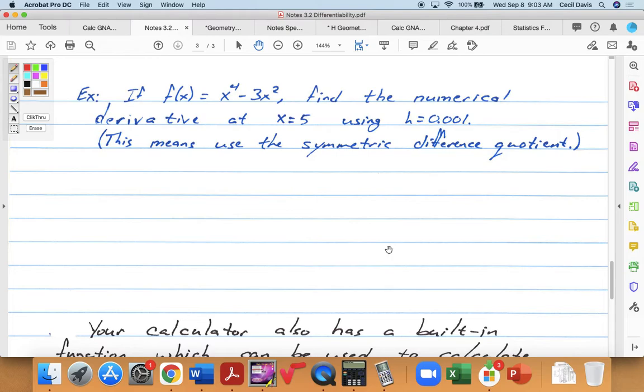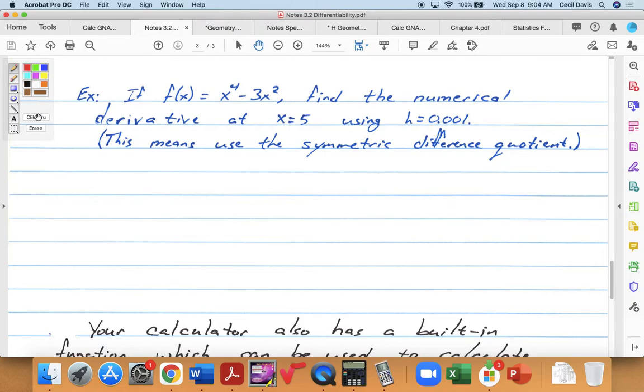All right. So if f of x is equal to x to the fourth minus 3x squared, find the numerical derivative at x equals 5 using h is 0.001. And we're going to use the symmetric difference quotient.